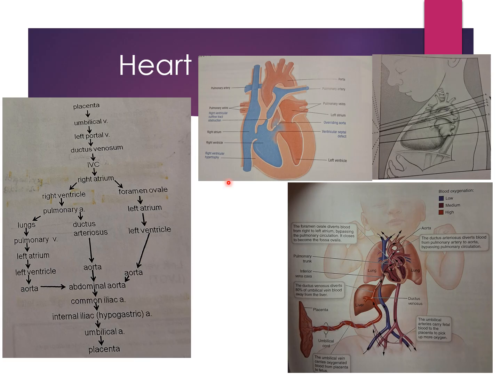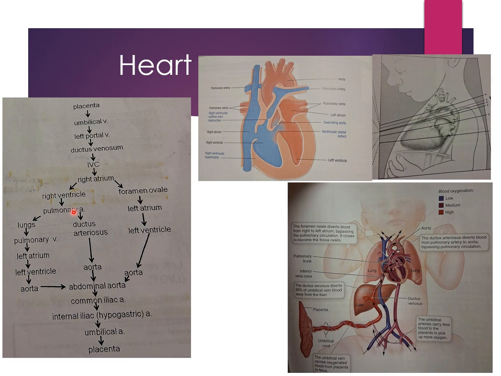If you guys are not familiar with this blood flow, I really suggest that you take time to go over this. There are a couple things that we need to know about this blood flow, that there are portions that are going to go into one section or the other.